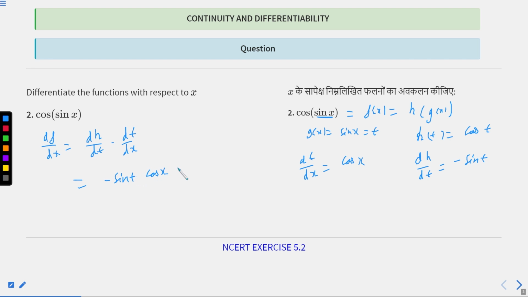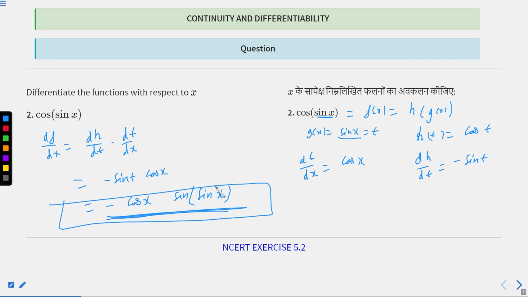Replacing t with the original thing, which is sin x, this will be minus cos x times sine of sin x. Your final answer should be in form of x, not t. So the final answer is minus cos x multiplied with sine of sin x.